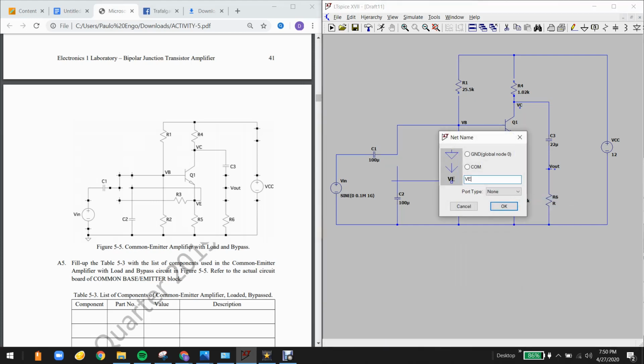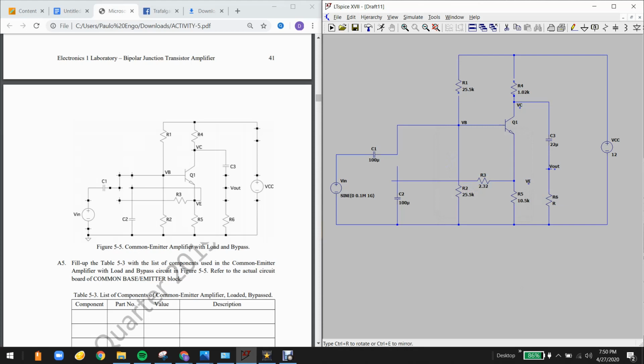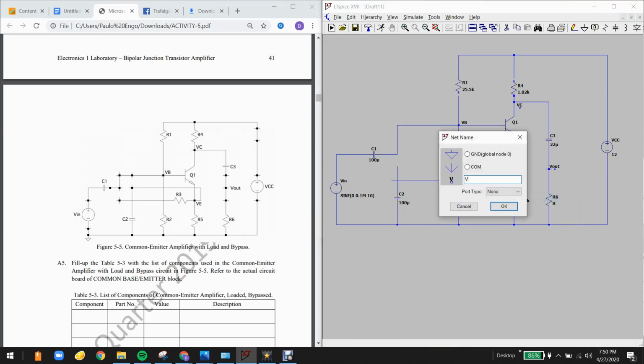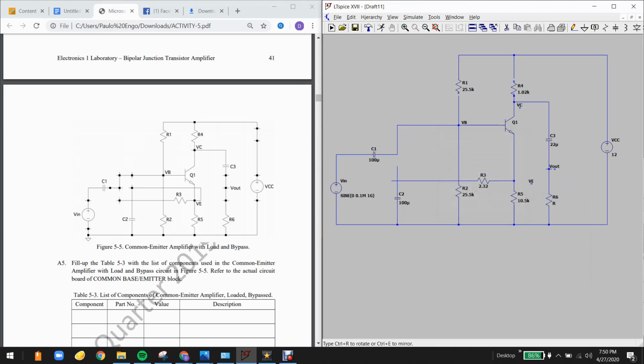So unlike the previous circuit, wait, I'm gonna move that. Unlike the previous circuit, C2 isn't connected to the point VE.